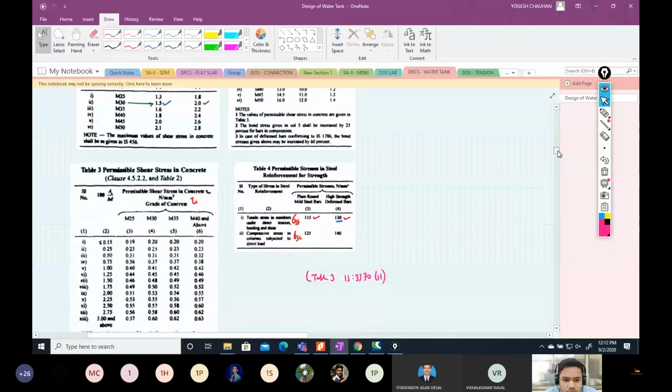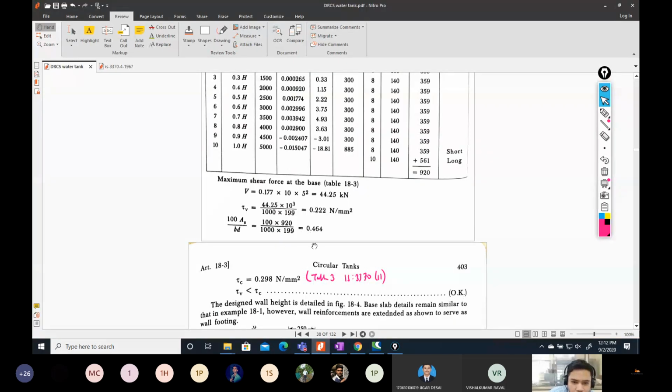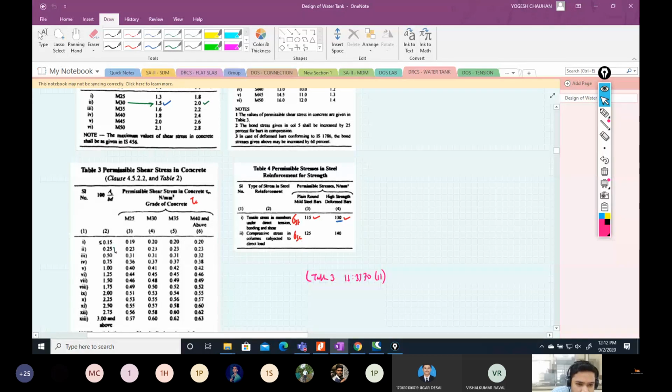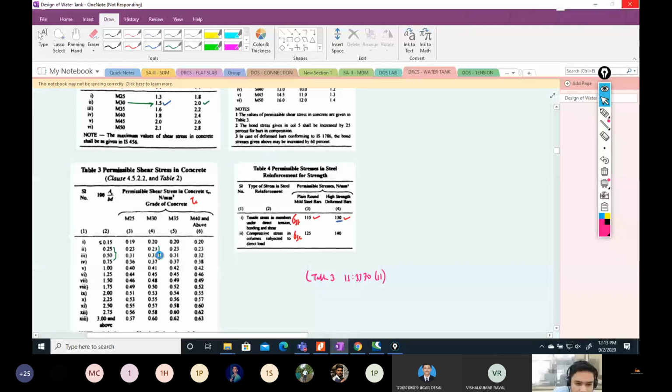So this is table 3 of IS 3370 part 2. In our case, the AS by BD ratio is 0.464, which is in between 0.25 and 0.5, so you can interpolate for M30 grade. Our value will lie in between 0.23 and 0.31. You can interpolate for our case, which will be around 0.3.